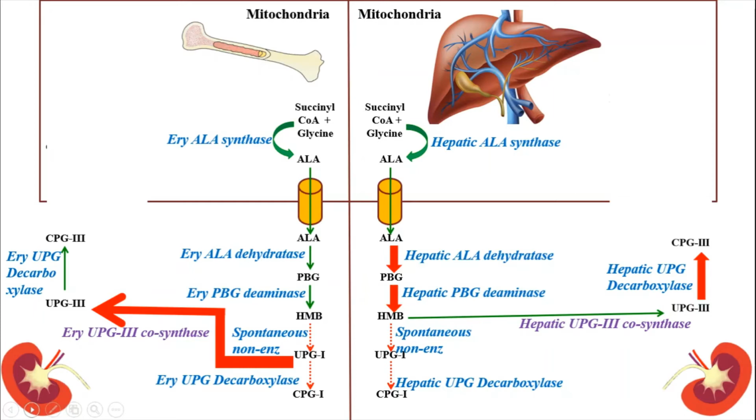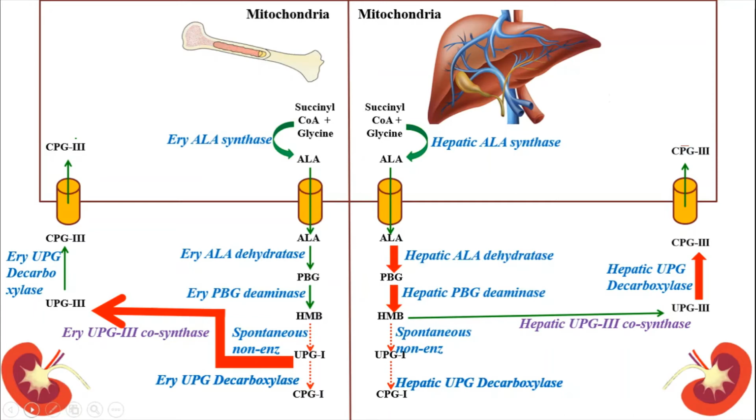In the next step, in both the organs, from cytosol, CpG3 enters the mitochondria with the help of a specific transporter present here. You can remember from the first video that with the help of another transporter, ALA comes out from mitochondria to cytosol. Here, from cytosol, again they will enter within mitochondria.